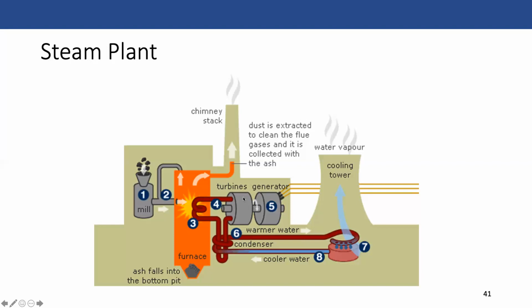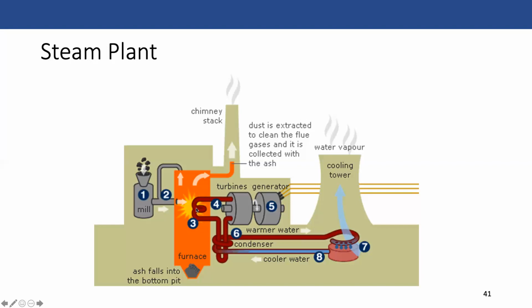And so you can imagine that this is where most of the energy is lost, right? So when I combust something in a furnace, if all of the heat energy could go into the water and heat up the water into steam and send that steam through the turbine in a perfectly efficient manner, then you are able to capture most of the energy associated with the combustion.